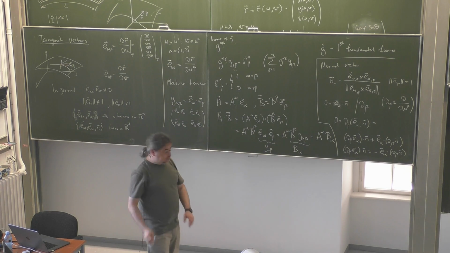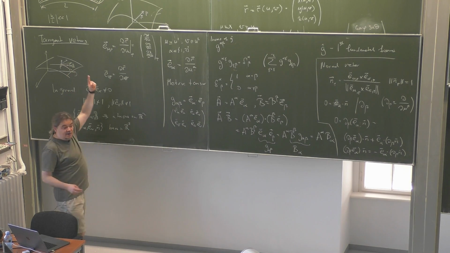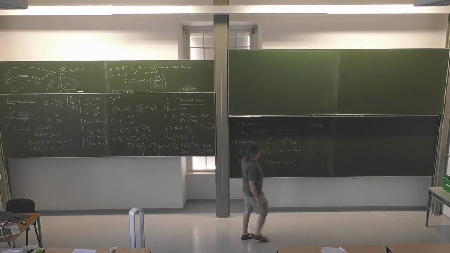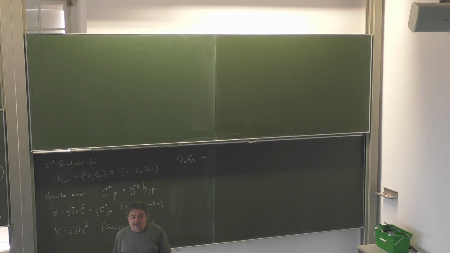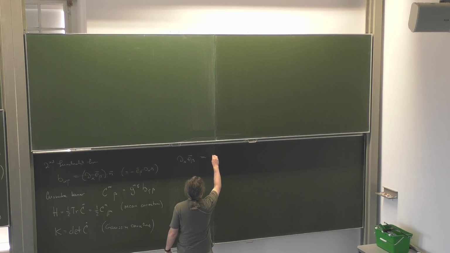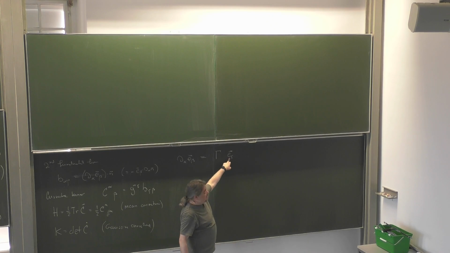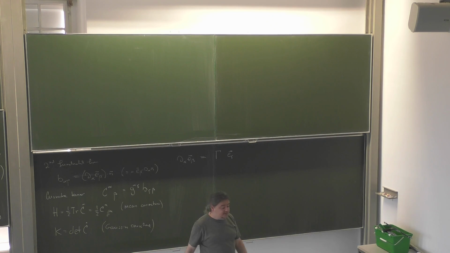I have two tangent vectors and then I put one normal, and of course I've spanned the entire R3. Which means that I can write these guys as a linear combination. I'm going to use capital gamma of the basis vectors, of the tangent vectors.